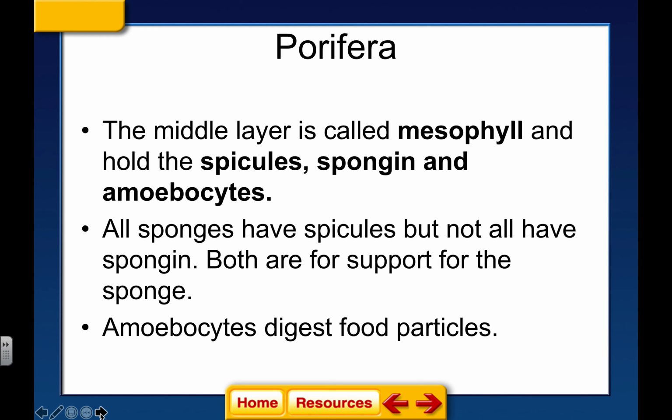Spicules are very sharp, but they don't all have spongin. Some of them have both. What the spicules and spongin do, there's a twofold function for them. They're supportive. There's no skeletal system for a sponge. So this is the only supportive feature that they have.